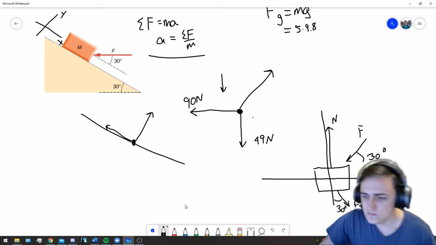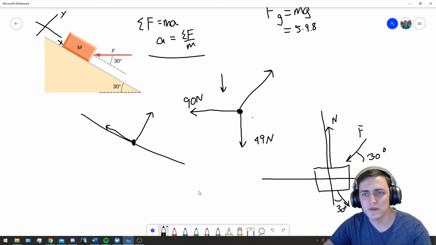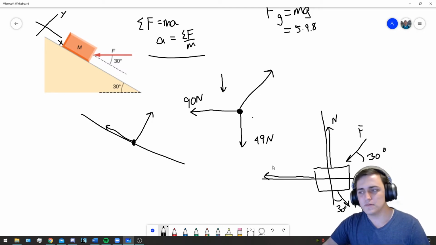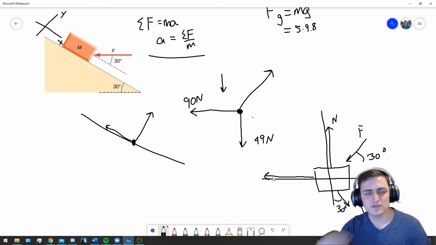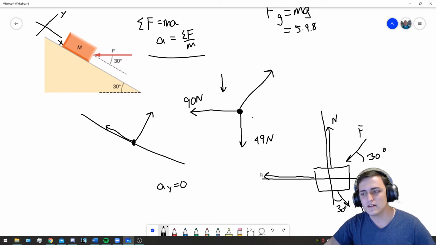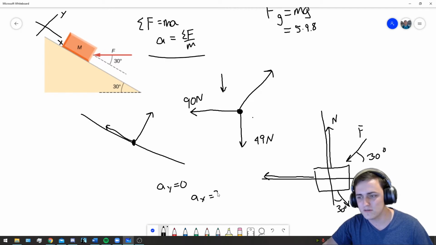Because remember, we know exactly which direction the box is moving, up the incline. And in this new xy coordinate plane, up the incline just means in the negative x-axis. That's its direction of motion. If we are constrained to only motion in the x-axis, we can say that a sub y equals 0. a sub x is some unknown, we don't know what that is.